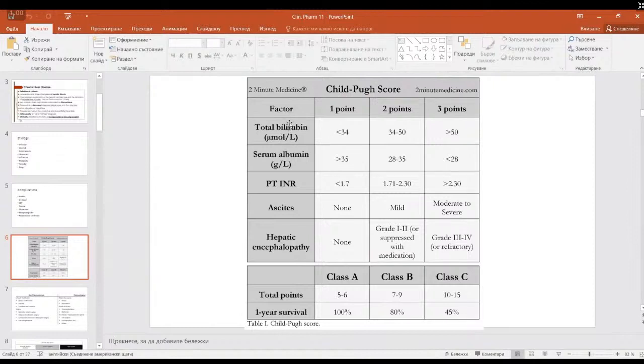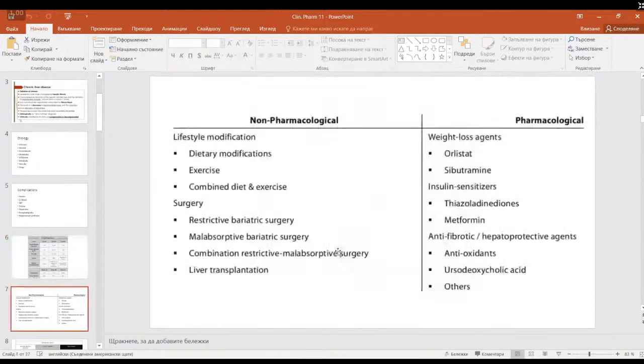Of course, if you have the information about their bilirubin, albumin, INR levels, and of course, ascites is something that you can examine, and you can put the diagnosis clinically, or by using an echo or another imaging method like CT scans, and hepatic encephalopathy also.